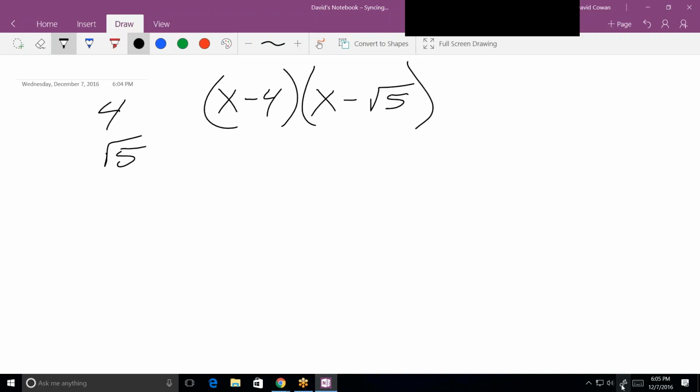So multiply those 2 together using FOIL, and you'll end up with a quadratic, which will satisfy the requirement that it have those zeros and that it is the lowest leading coefficient that you can get. So it doesn't matter how many zeros they give you. If they gave you 5 zeros, you'd have 5 linear factors.